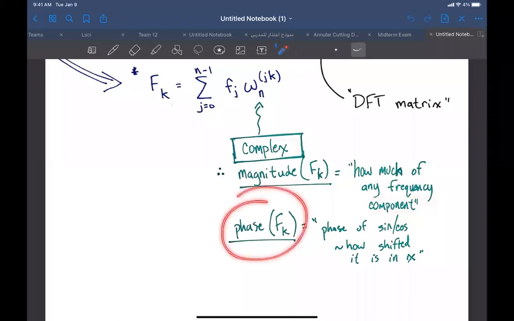The phase of Fk represents the phase of that sinusoidal signal, basically how shifted it is in x, if x is space or x is time, whatever it is.